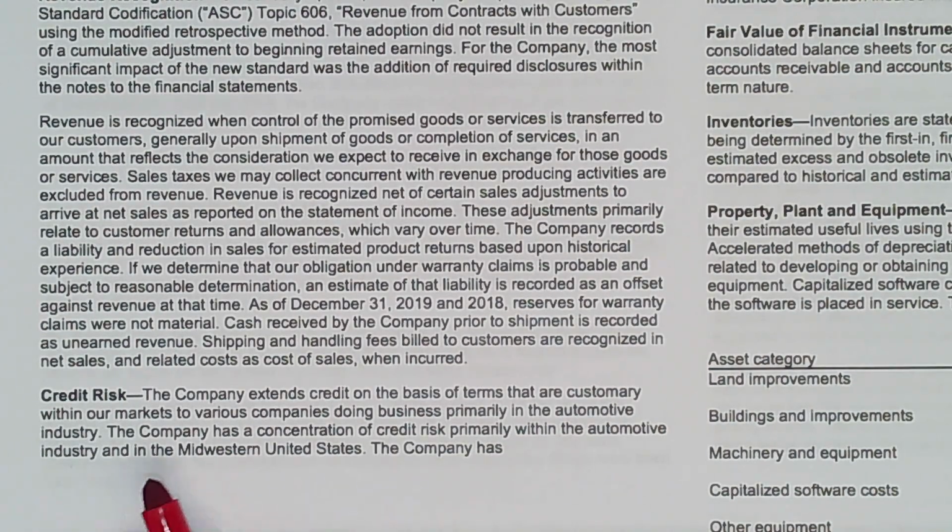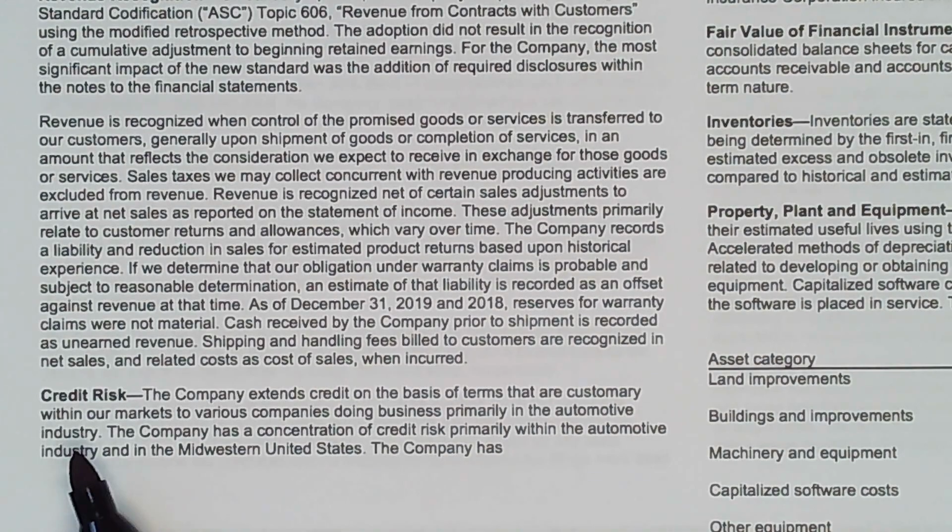So it says the company extends credit on the basis of terms that are customary within our markets to various companies doing business primarily in the automotive industry. So think about that: mostly in the automotive industry. If we are looking right now at what's going on in the world, are there a lot of people going out there and buying cars? Probably not.